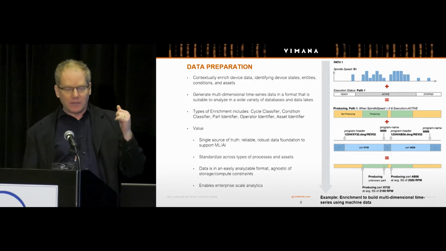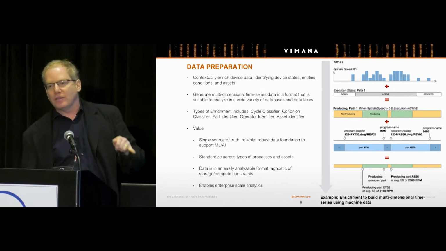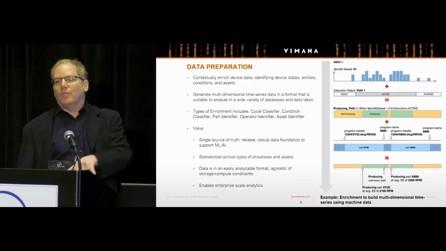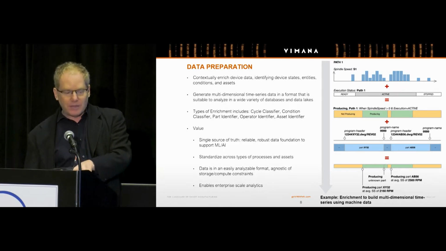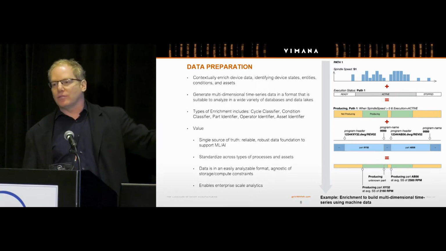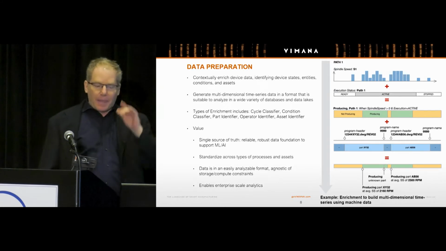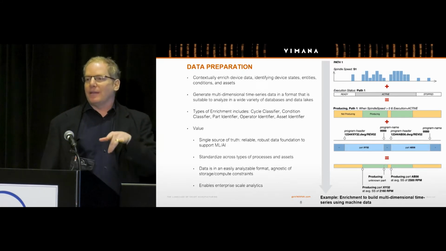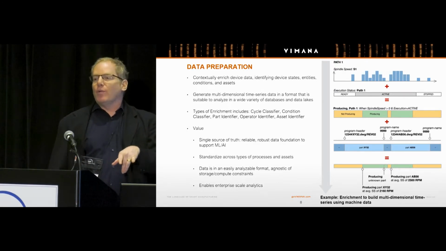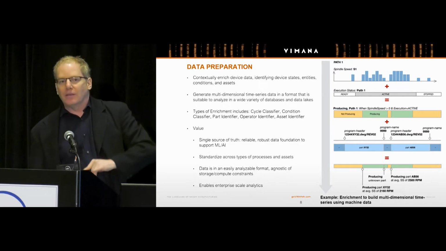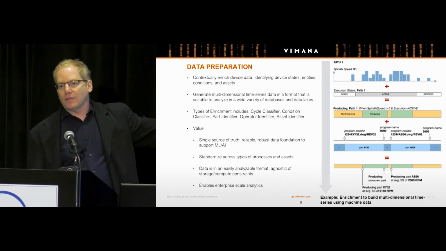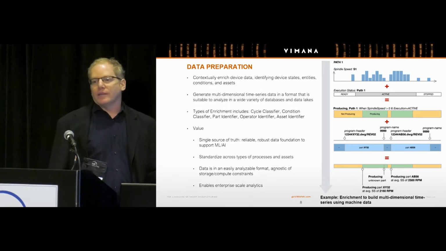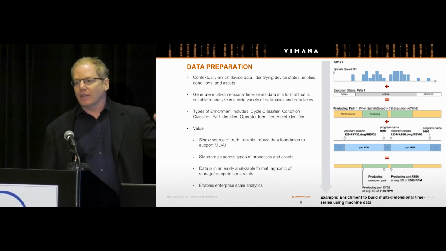We want to say, okay, when is the machine in the cut, producing material in the cut, when the load is over a certain percentage, when the program is running, when a tool is loading, and so forth. Now we can focus right on that interval. We want to be able to do that same thing across 100,000 parts that were made on this machine. We want to be able to do that across 100 different vendors of machines that are making the same part.